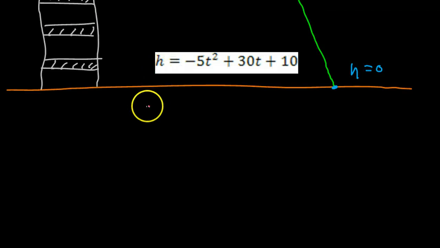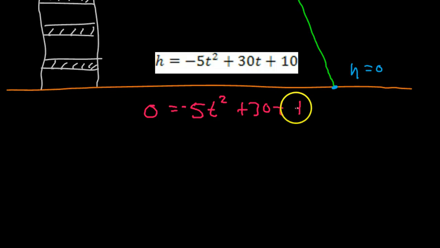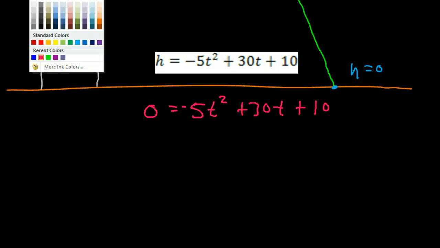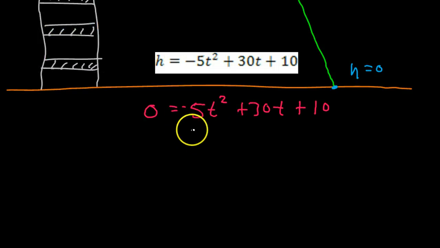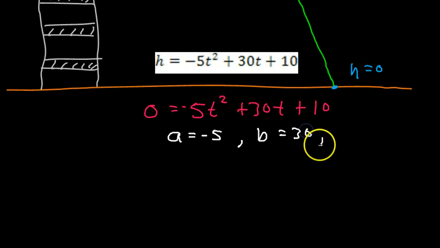Okay, so let's do that. If the height is 0, then that means we have 0 equals negative 5t squared plus 30t plus 10. Alright, so we just need to solve for time. How are we going to do that? Let's use the quadratic formula. So a equals negative 5, b is 30, and c is 10.